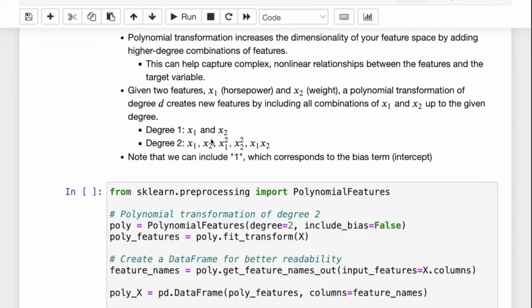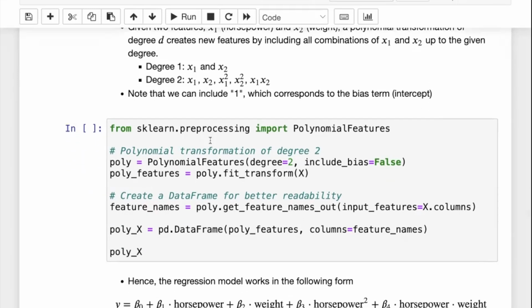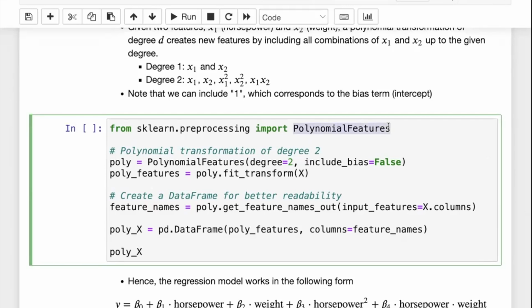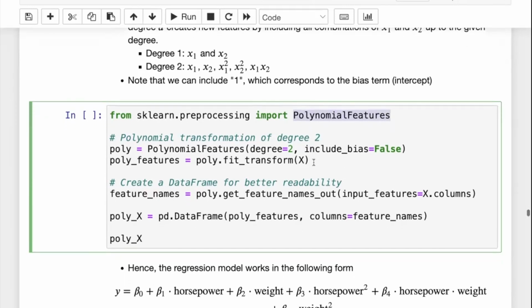Because you know that in general, let's say if your output y is a linear function of x1. But now if you have x1 squared, x1 cubed, and so on, then you have these higher order terms. And we can do this easily using PolynomialFeatures from scikit-learn preprocessing.